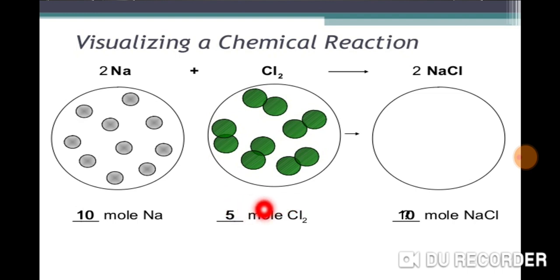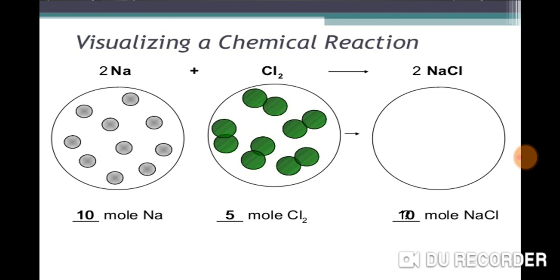Why 5 here and 5 into 2? Because there are 2 atoms of chlorine together. So both are 10 here and 10 here. Here they are independent 10 moles, whereas here it is in the form of chlorine gas. So every chlorine atom is in its molecular form, that is Cl2.